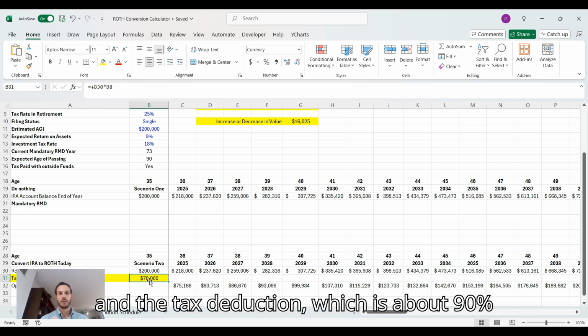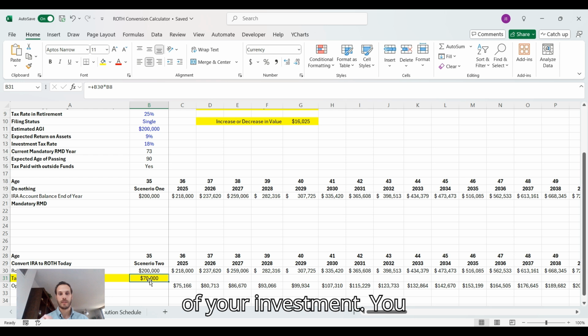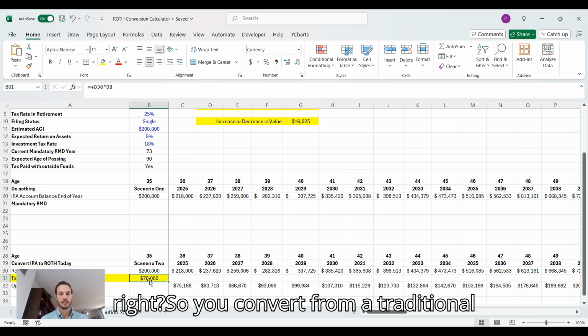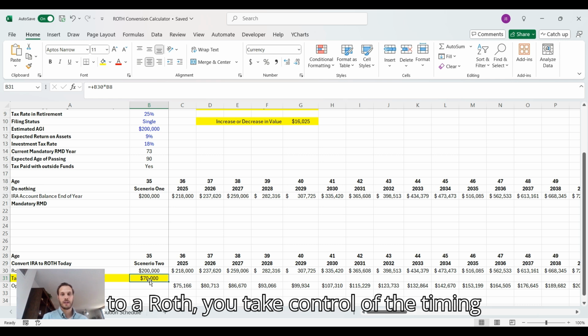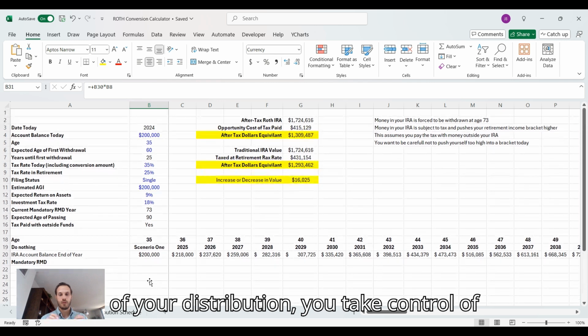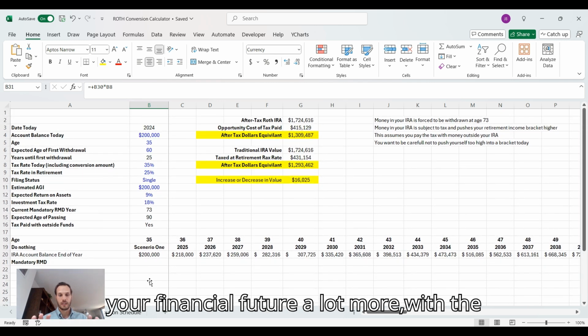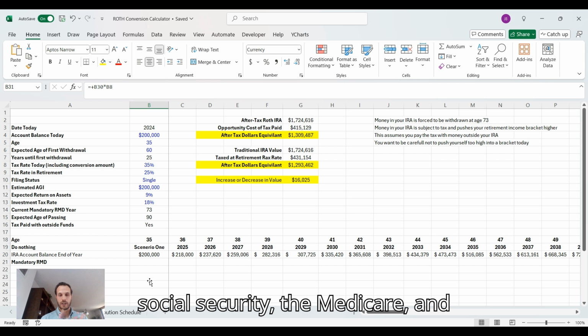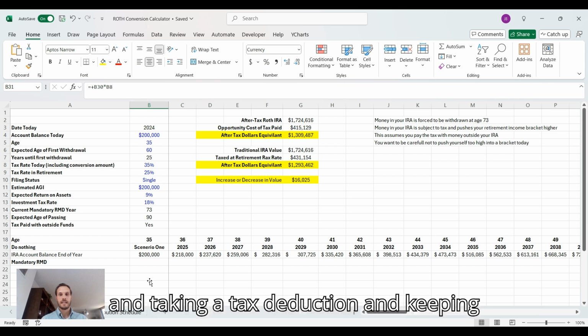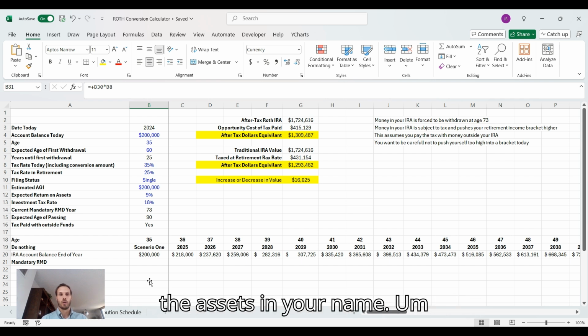And the tax deduction, which is about 90% of your investment, means you are basically going to pay no taxes, right? So you convert from a traditional to a Roth. You take control of the timing of your distribution. You take control of your financial future a lot more with Social Security and Medicare, and you are now investing in oil and gas, taking a tax deduction, and keeping the assets in your name.